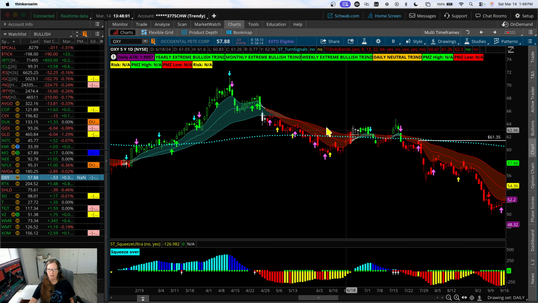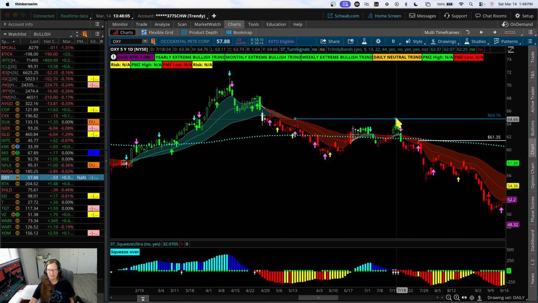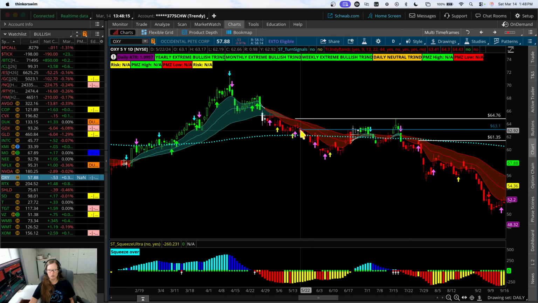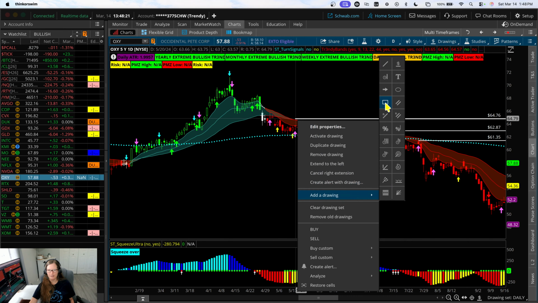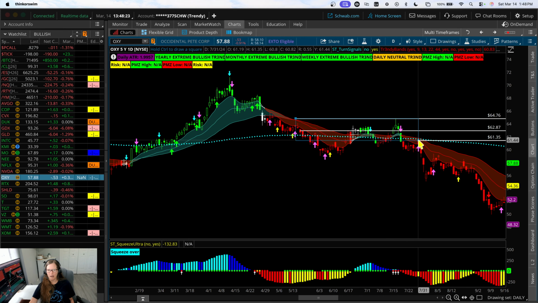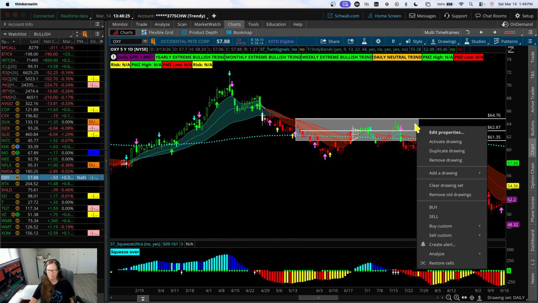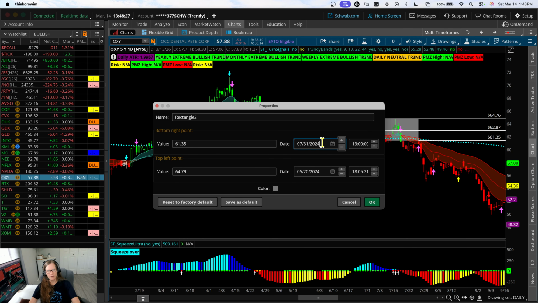If I take these topping wicks into consideration and look for the inside and down candlestick structure, I can build a zone, a target zone for Occidental from my buy zone, okay? And that's what I'm doing here to give me a target on a swing trade.